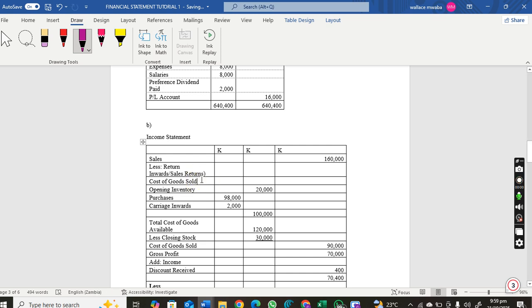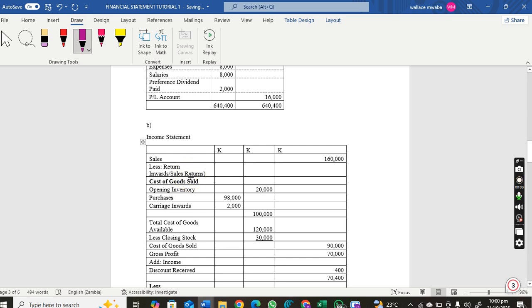If you have return inwards, you deduct from sales. In this case we don't have, so we go to our next section where we have to tabulate the cost of the goods that have been sold.